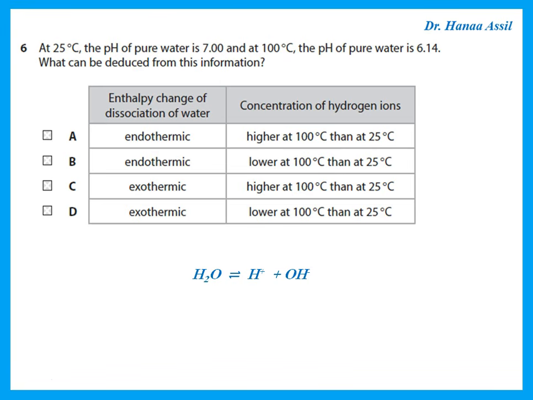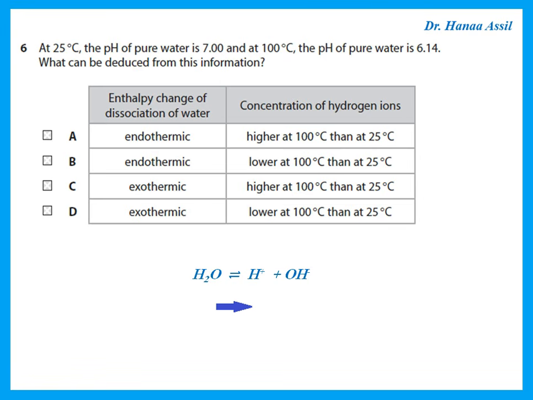But at 100, that means he raised the temperature. The pH is lower. That means what? That means we have more acid. It is more acidic, and that means the equilibrium shifted to the right, or the reaction favored the forward reaction. So if we raise the temperature and we go forward, that means it is endothermic.